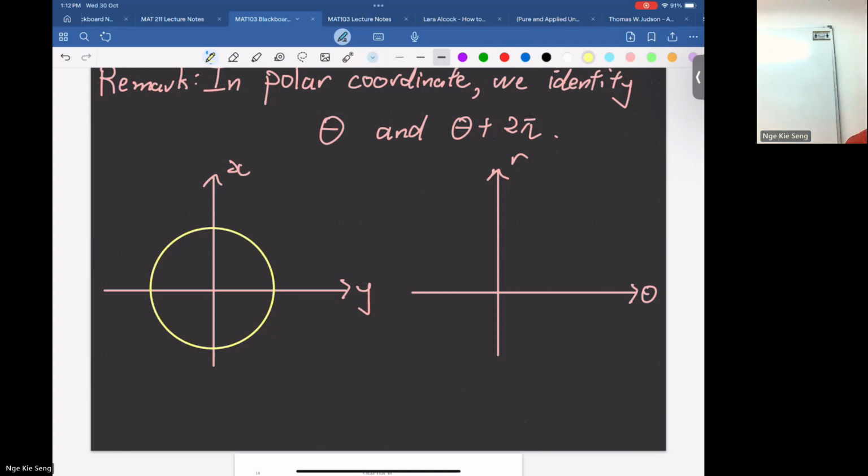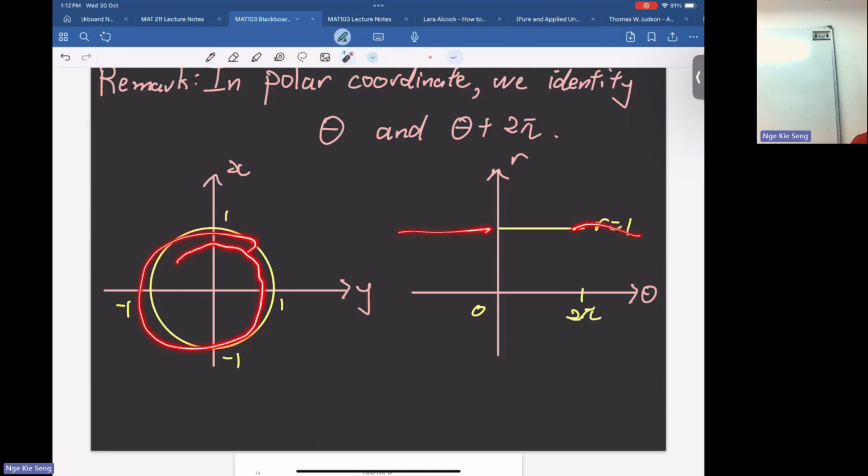What you need is just r equals 1, from 0 to 2 pi. If you go a bit more than it, you will wrap this circle again. Correct? So the question now is, what portion of this r theta plane is needed to fill in this xy plane using circles? Meaning, how do you get all the other circles with different radius?